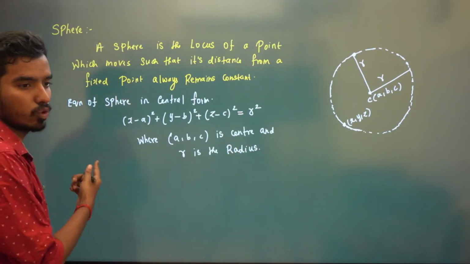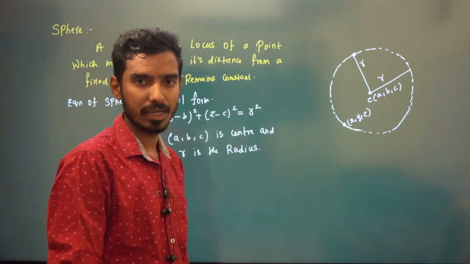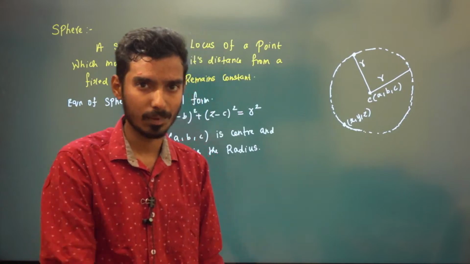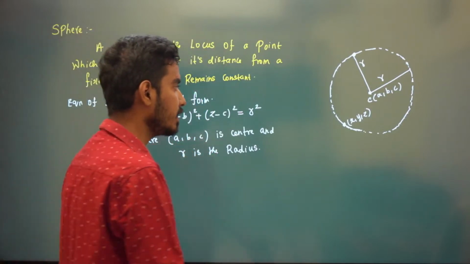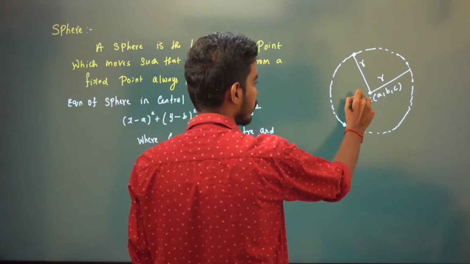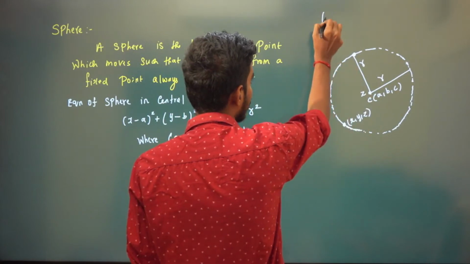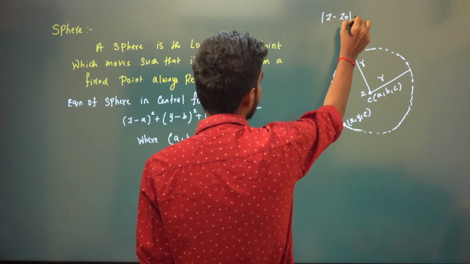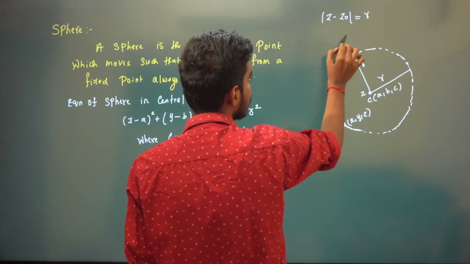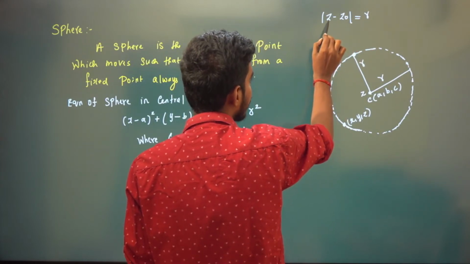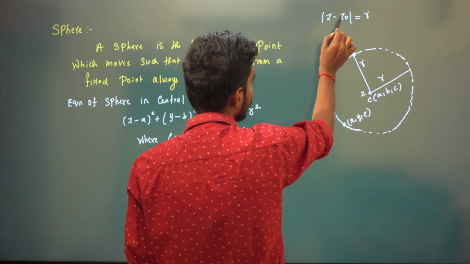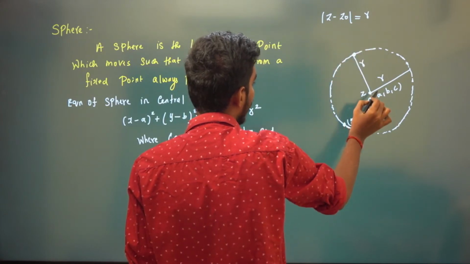Do you want me to prove this equation? We can prove this by complex analysis, but I'm not going to do this. I'll just give you a hint. Let us call this point z and this point z naught. Then we have modulus of z minus z naught is equal to r. This is the condition: whatever point you take, the distance from z to the fixed point is always r.